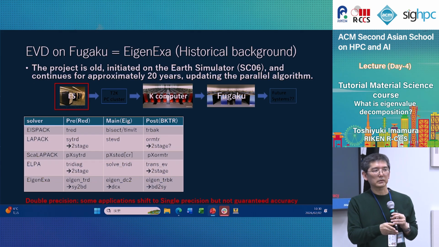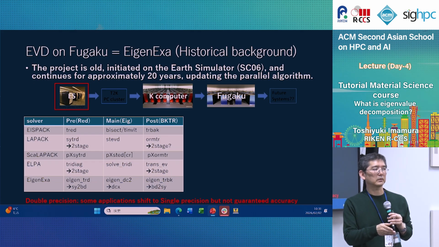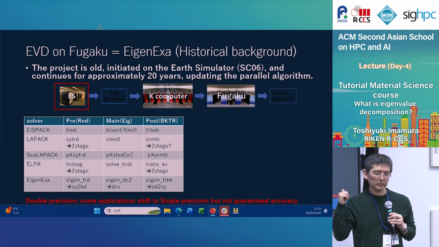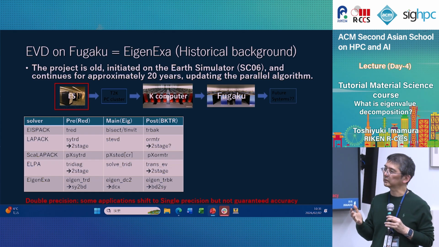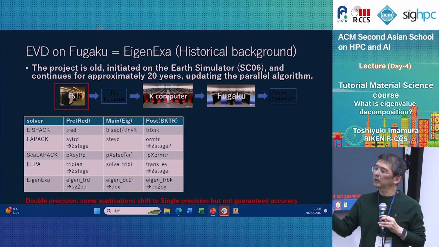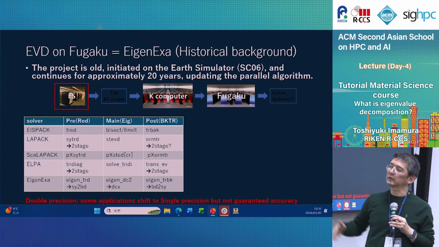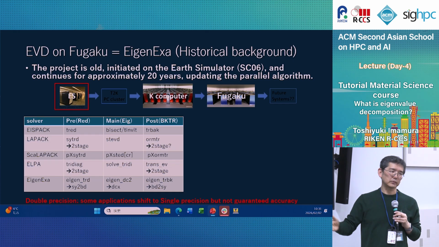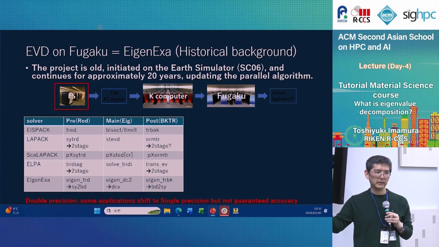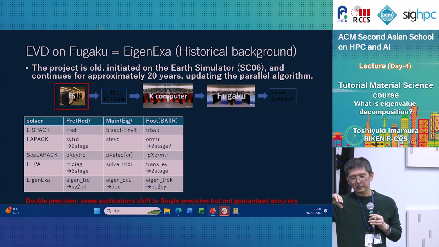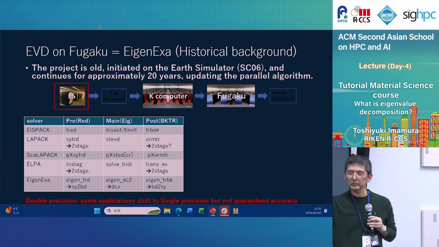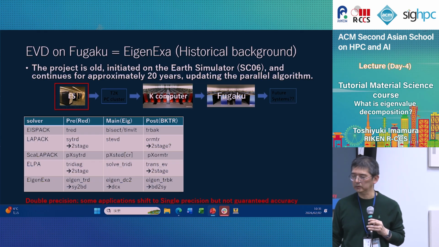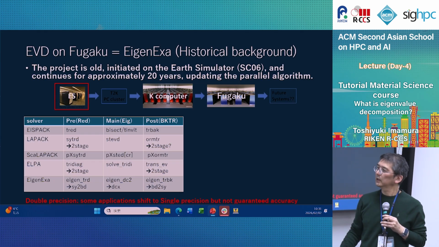Last session, some students asked whether we have parallelized or utilized the GPU as a computational resource. Of course, numerical libraries are trying to adapt to the upgrade from very homogeneous CPU systems to hybrid CPU and GPU systems. This is a trend in current numerical libraries.